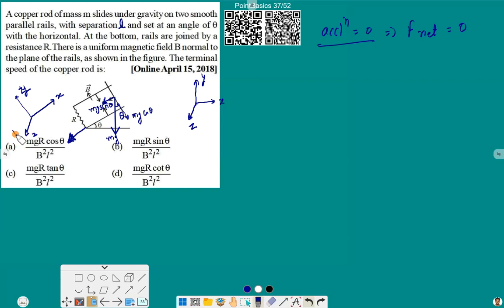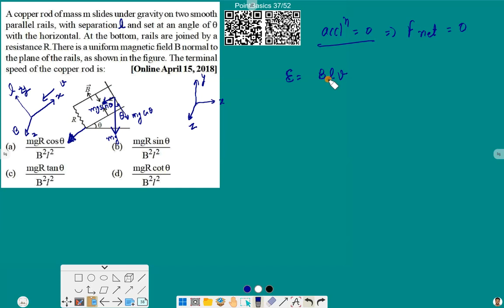So here the magnetic field is along the z axis. Our velocity is in the negative x direction, and the length is in the positive y direction. All three are perpendicular, so the induced EMF will be BLV.